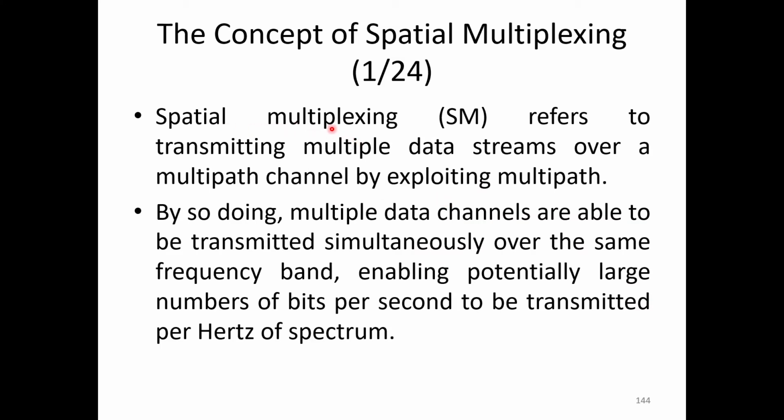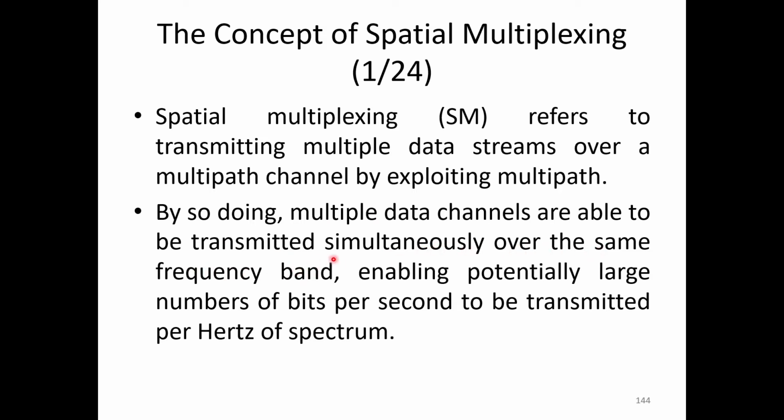Okay, spatial multiplexing, SM, refers to transmitting multiple data streams over a MIMO channel by exploiting multipaths. Okay, the meaning of exploit is to use or employ. By so doing, multiple data channels are able to be transmitted simultaneously over the same frequency band.